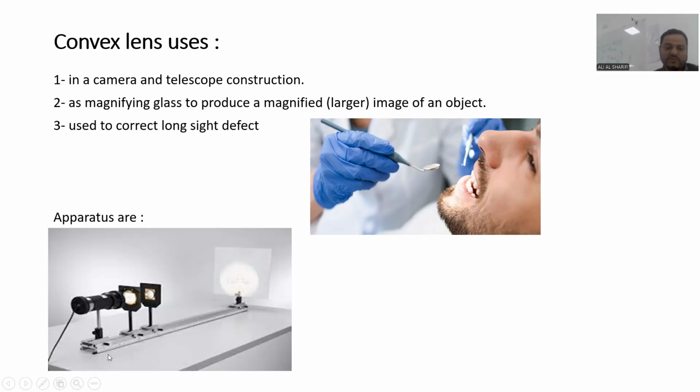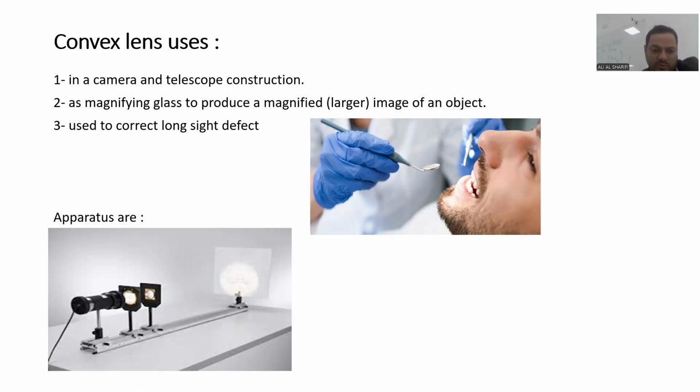Let me focus on the important things. The first thing is this ruler. This is important. Our distance will be, for example, let's say 90 centimeters. That means the distance between the screen and the object must be 90 centimeters, no more, no less.